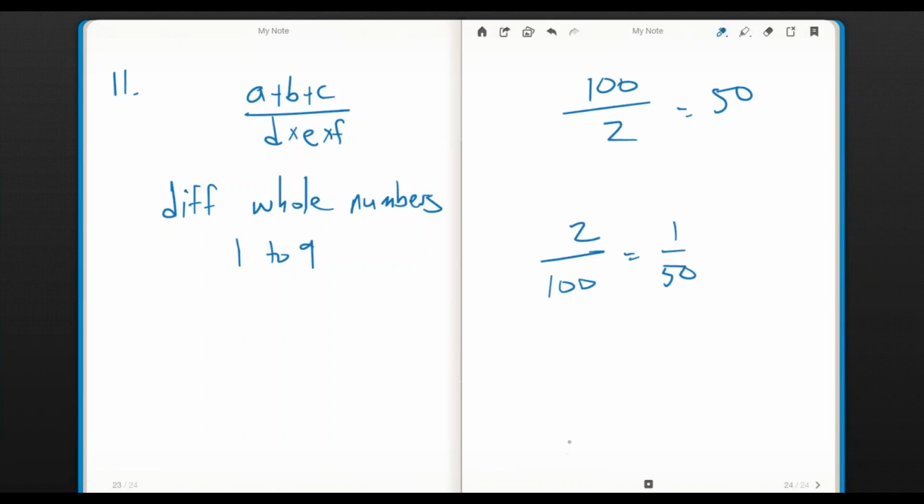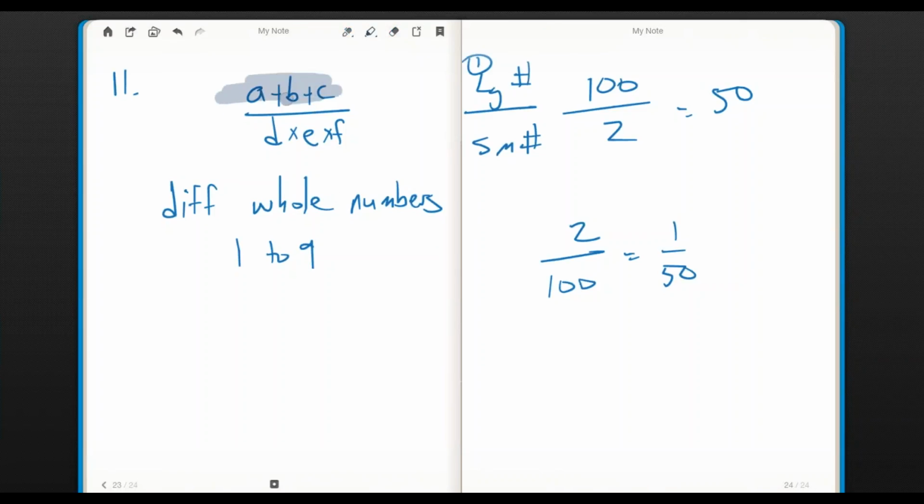That's tiny, right? So what you're trying to do is get a large number over a small number. That's the first thing you have to understand. That's a logic step. I want the biggest number I could possibly get over the smallest number I could possibly have. The biggest number I can have, if I'm adding numbers together, and I'm using the digits 1 through 9, is 9 plus 8 plus 7.